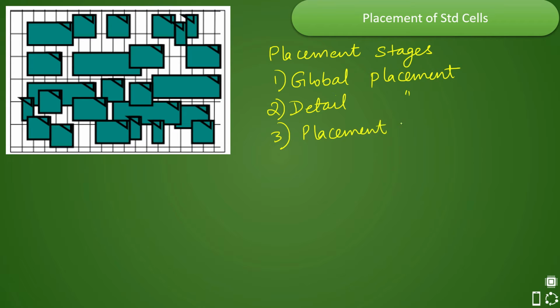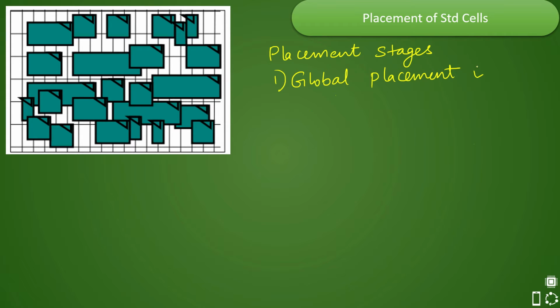After that, the fourth one is in-place optimization, that is, optimization of your targets in the placement stage.